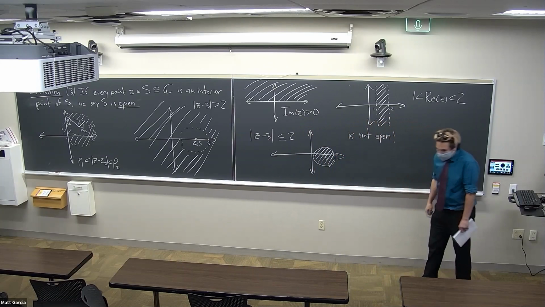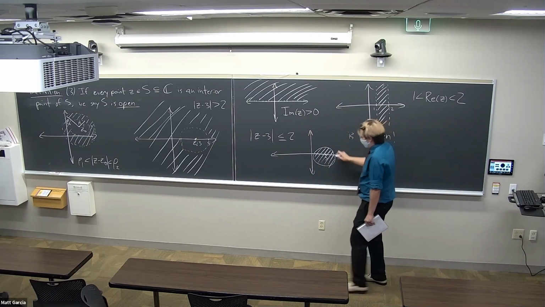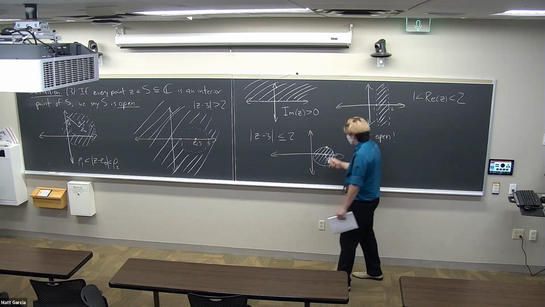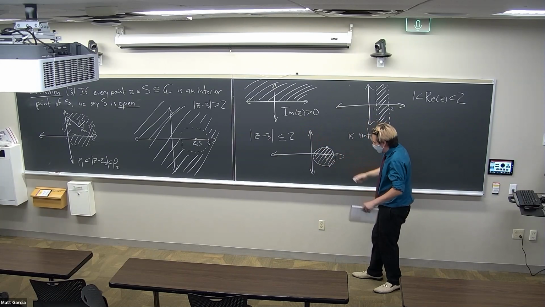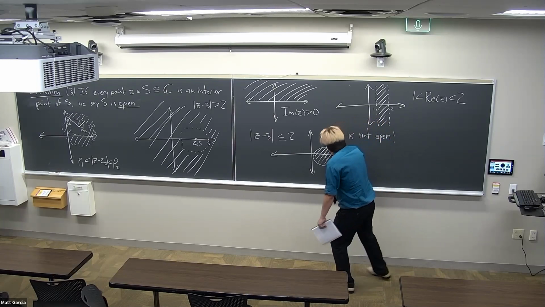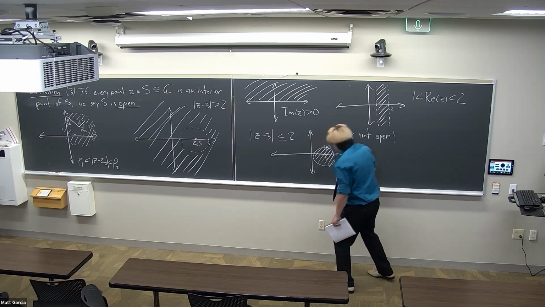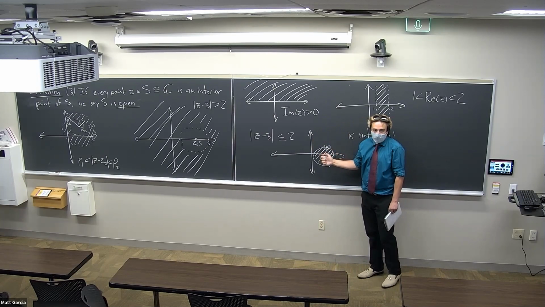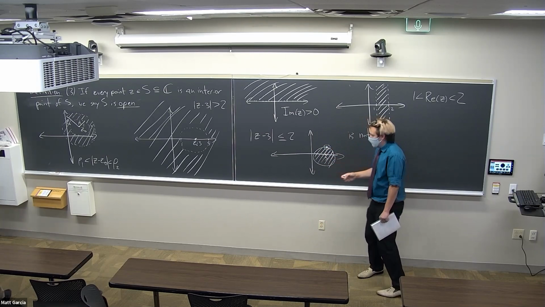Why is that? Because a point on the boundary wouldn't have a local neighborhood that contains only points in S. That's right. If I take some point on the edge of the disk, on the circle, on the boundary, so to speak, again, we haven't defined that yet, then any neighborhood of this point, any open disk around this point, oh, sorry, I should have used dotted lines there. Any neighborhood, no matter how small we make it, will contain some points which are not included in S, the closed disk.